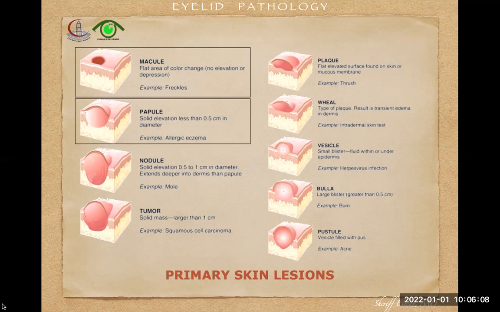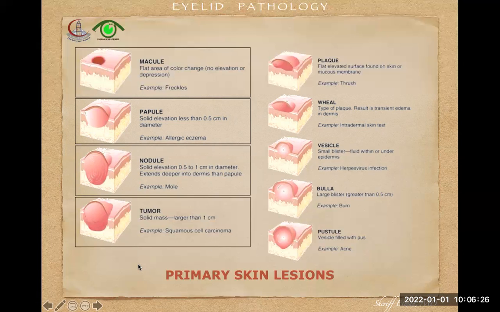If the diameter exceeds 0.5 centimeter and comes to 1 centimeter or less, extending then into the deeper dermis, this is called a nodule. And if it is bigger than 1 centimeter, this is called a tumor. An example here is squamous cell carcinoma, and there is a mole.